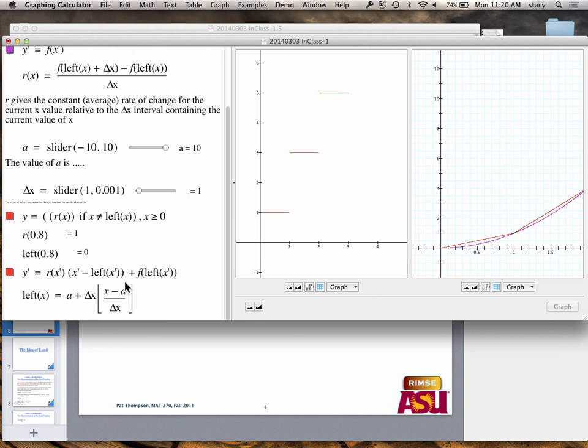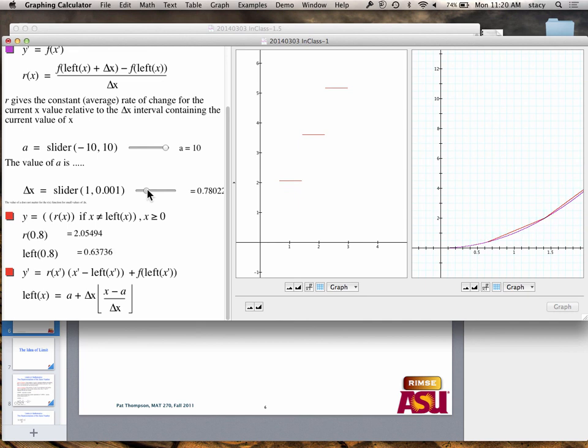It automatically creates the pieces. And as we change delta x, that gets better and better. As I make delta x smaller, the red piecewise linear function on the right side gets closer and closer to the actual exact accumulation function.